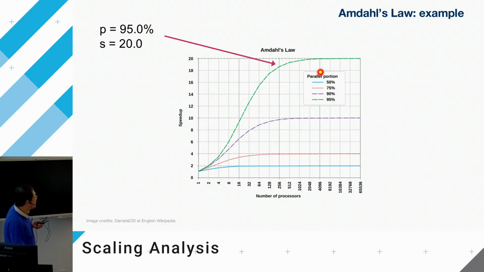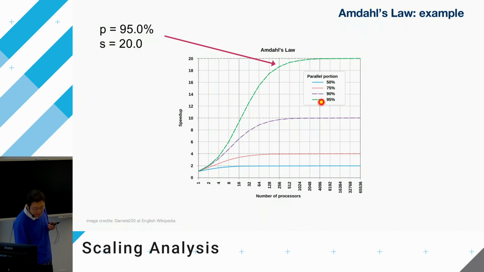If the parallel portion is only 50% of your entire application, then you will see this blue line, that the speed up will be 2 with whatever number of the CPU cores you see here, 1,000 CPU cores, 2,000 CPU cores, even 65,000 CPU cores, right? Because the serial part will become the bottleneck very quickly.